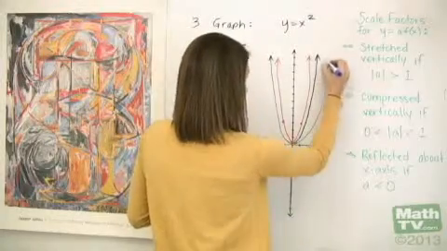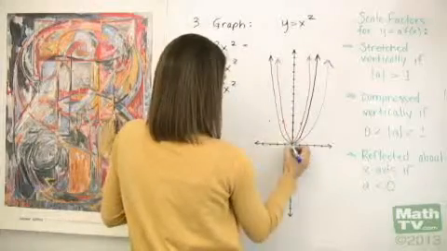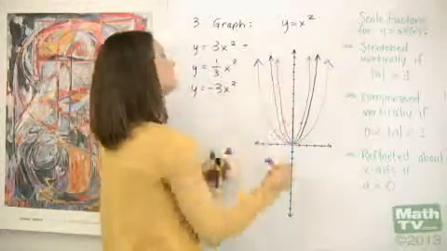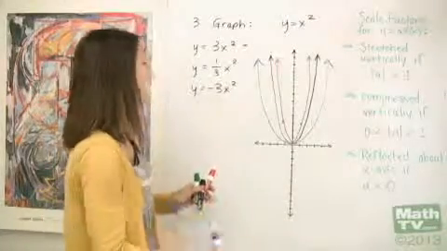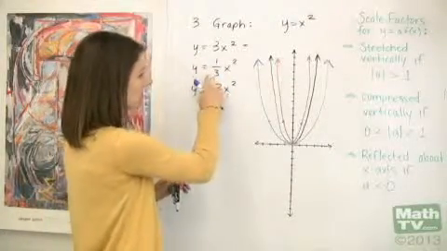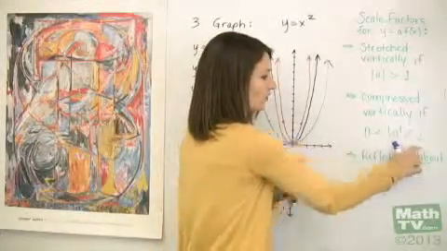This is one half of it, and then here's the other half. As you can see, it's flattened out a little bit. It's compressed vertically because 1/3 is our value for a, and that falls between 0 and 1.